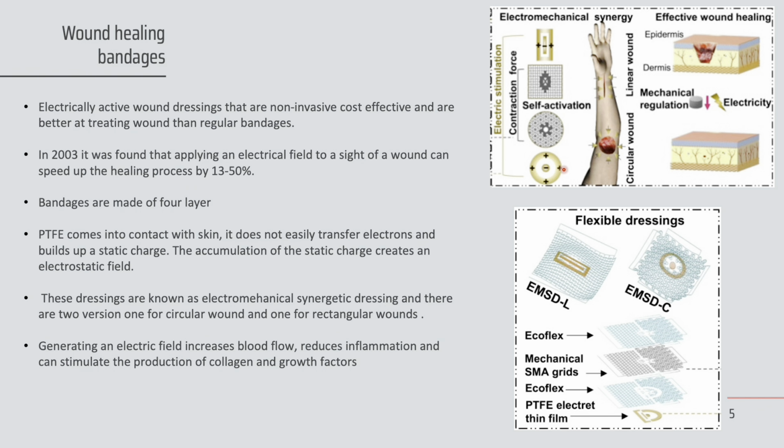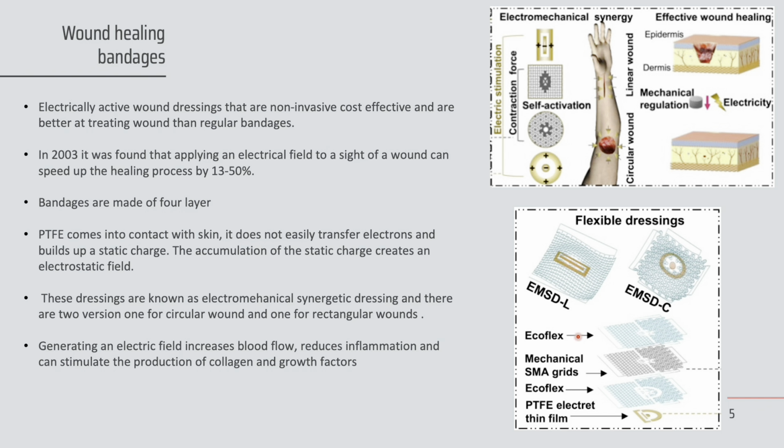Here are 2 images. The first one shows a circular wound and the linear wound that were tested, and we're going to look at that in the next slide. And this is how the wounds are created, and using the bandages, this is how they can be healed, leaving a minimal injury after the bandages have been placed.